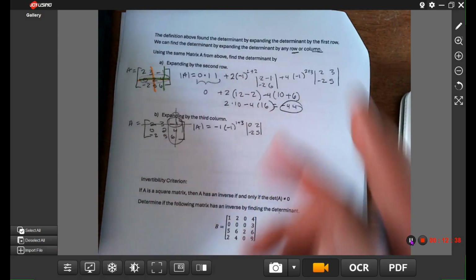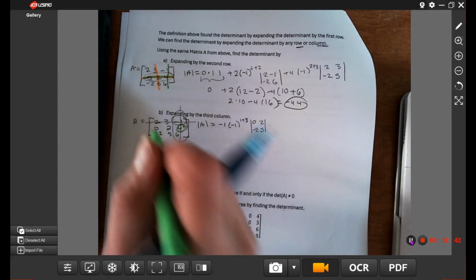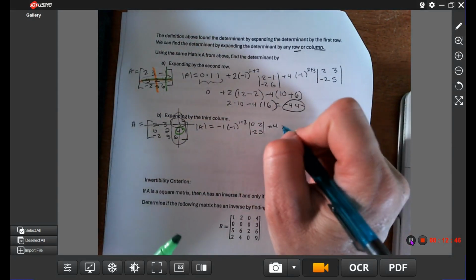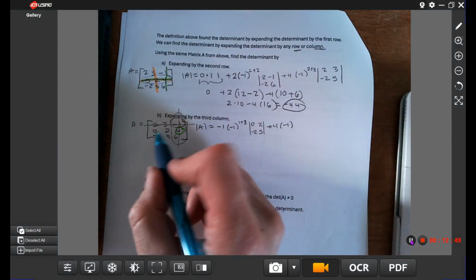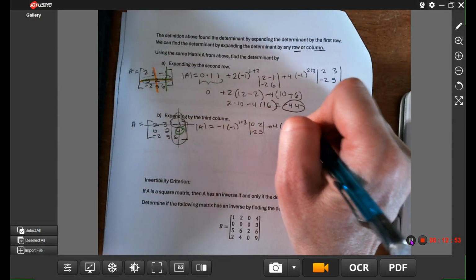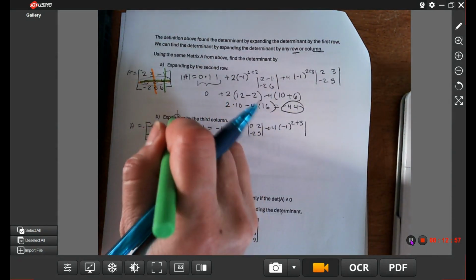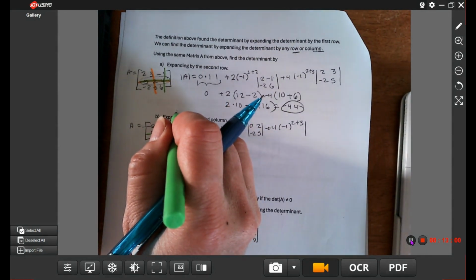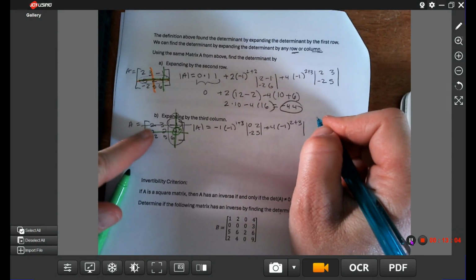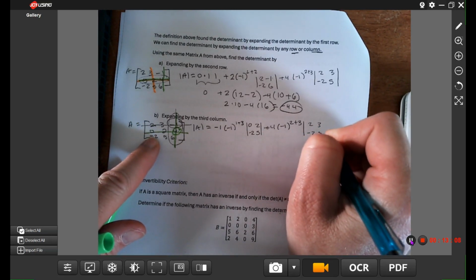And then I'll add my next entry in column 3, so that'd be 4. So plus 4 times negative 1 to the row 2, column 3, so exponent 2 plus 3. And then the determinant of the matrix when I cross out row 2, column 3. So I'm left with 2, 3, negative 2, 5.